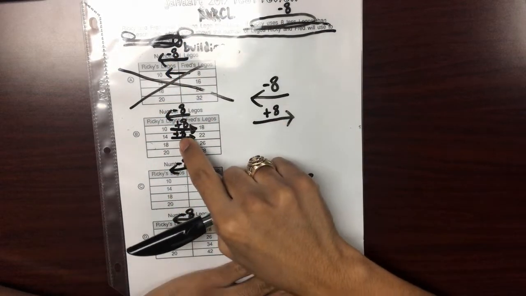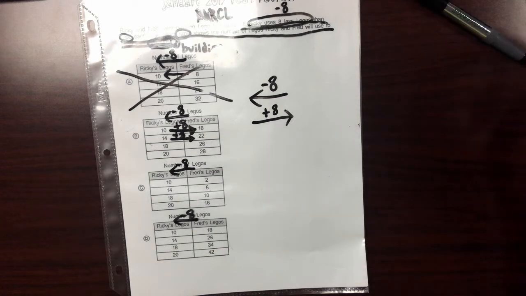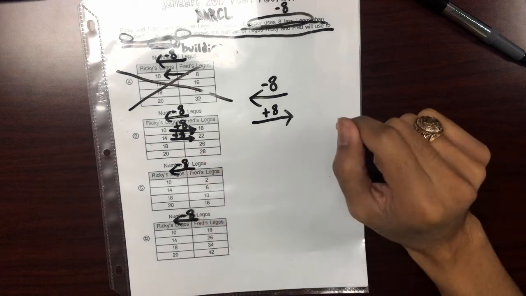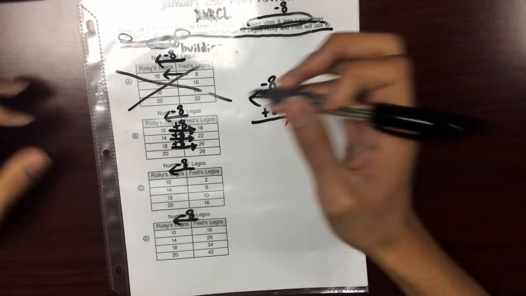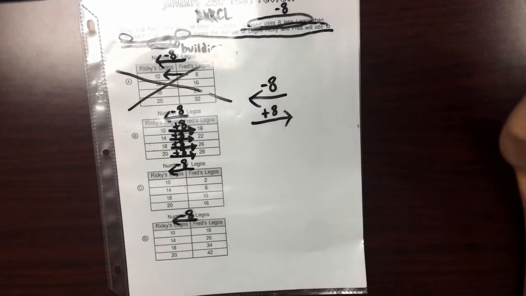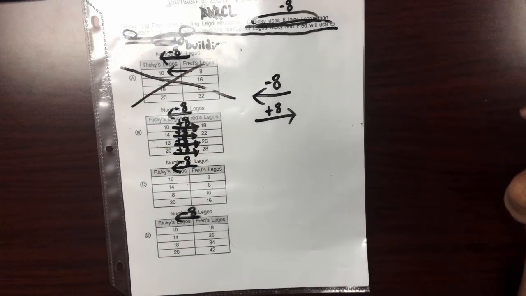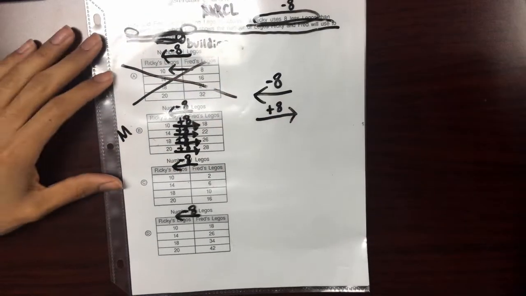Let's see if 14 plus 8 equals 22. You're right, it does equal 22. Go ahead and do the next one. Again, it's right. Good job. Do the last one. Again, that's right. This one could be our answer, so I'm going to put an M for maybe.